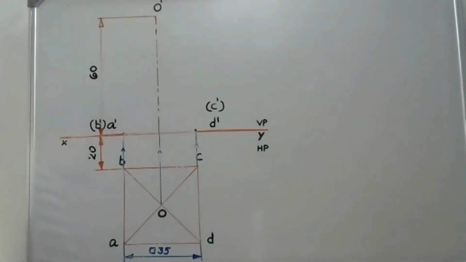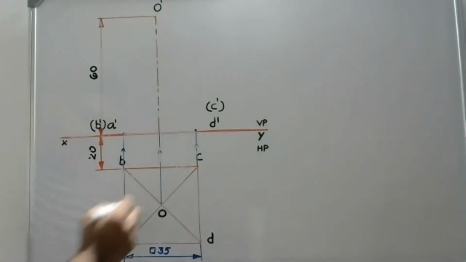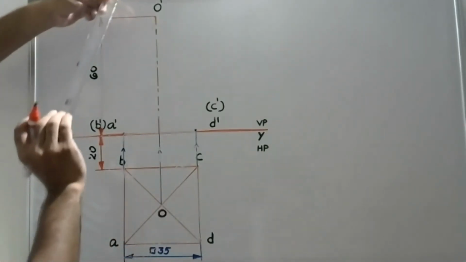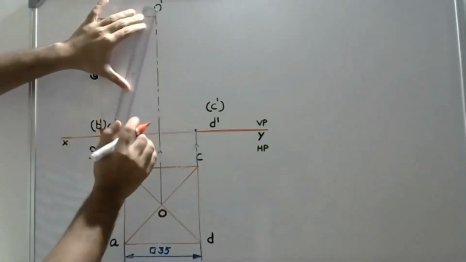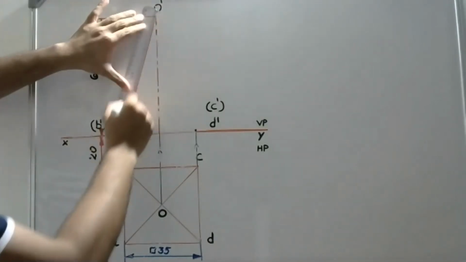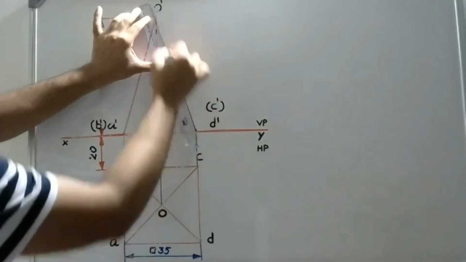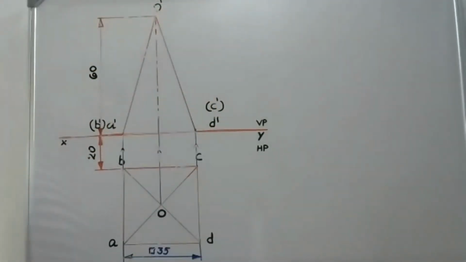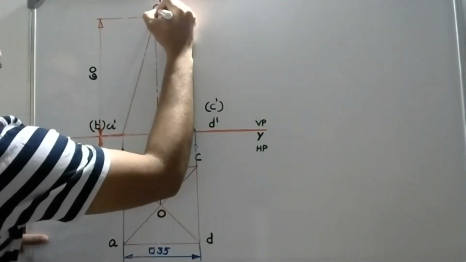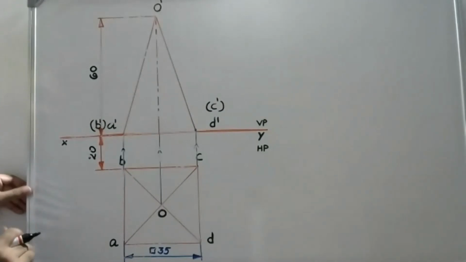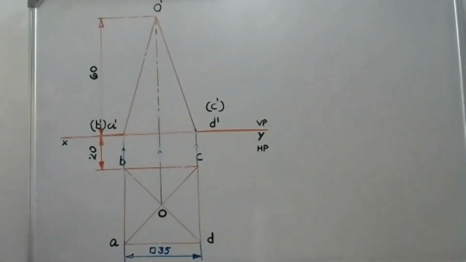Then join O dash A dash and O dash D dash. Those are the visible lateral triangles in the front view. So you can join O dash A dash with a dark line, and O dash D dash with a dark line. This is the complete view.